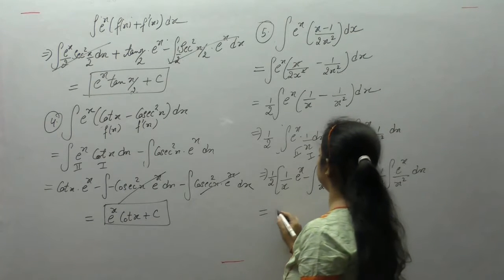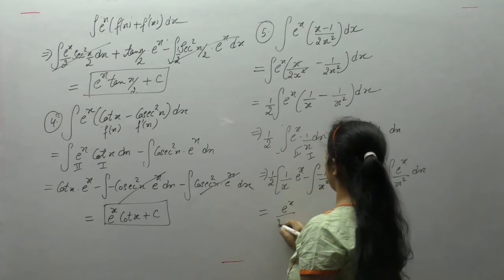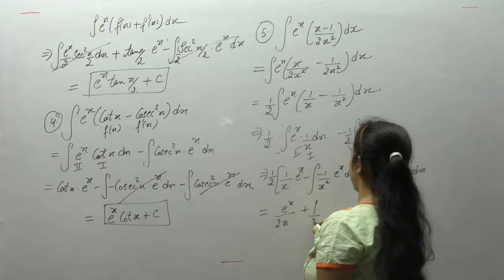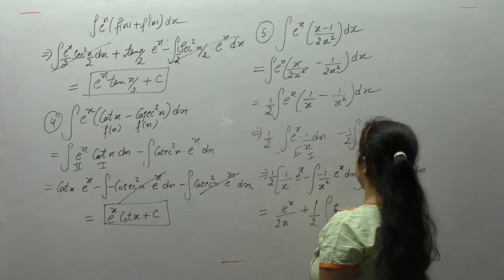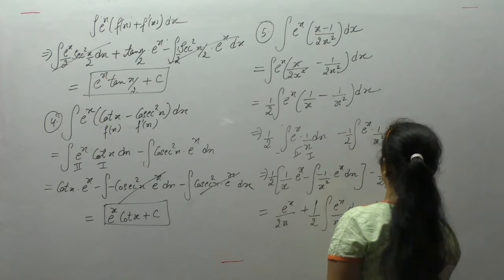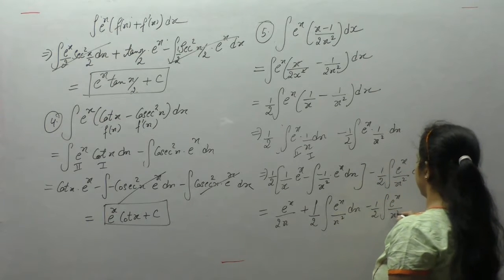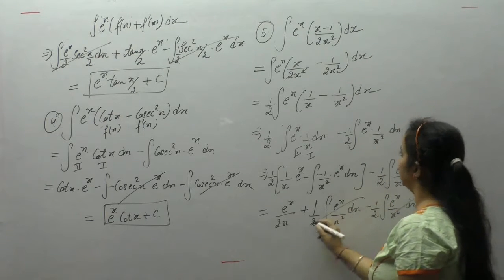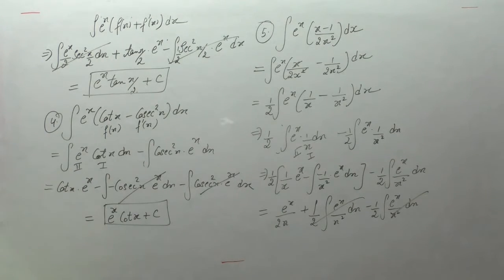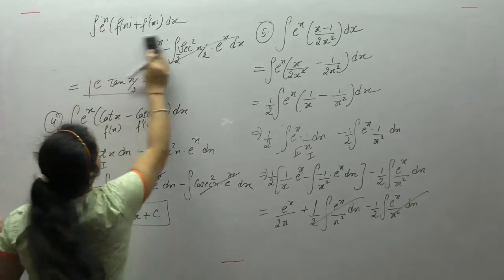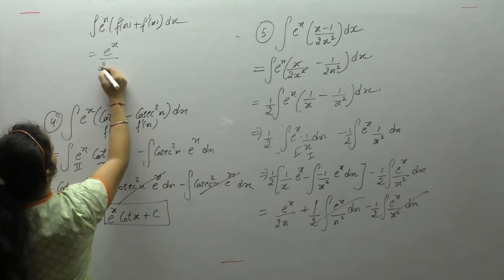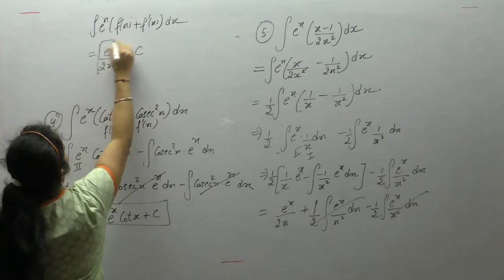Now open the bracket. e^x upon 2x minus minus plus 1 upon 2 integral of e^x upon x square dx minus 1 upon 2 integral of e^x upon x square. e^x upon 2x plus c.